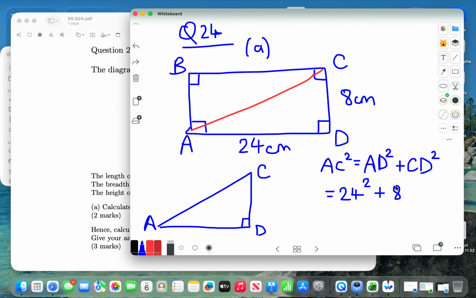And when you plug this into the calculator, you will get 640.